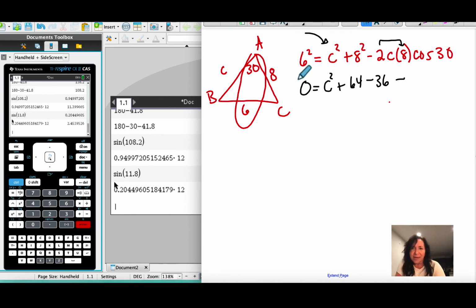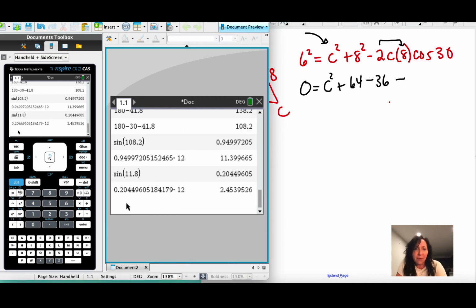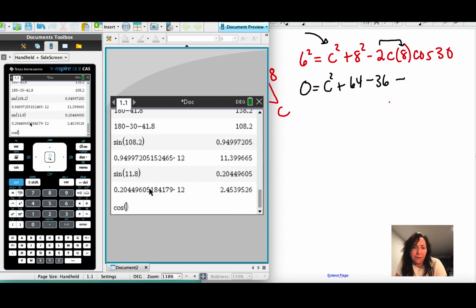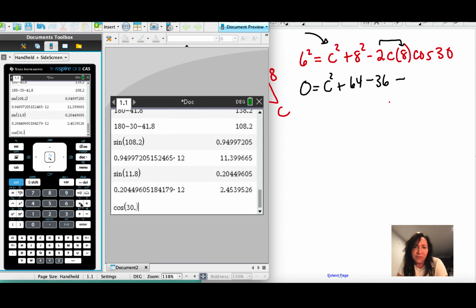So I'm going to use my calculator. I know cosine of 30 is root 3 over 2, but I don't want to use that. So I'm going to go cosine of 30 degrees, times 16.